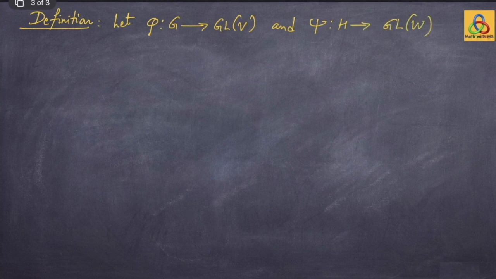Now let us define tensor product of representations. Let phi from G to GL(V) and psi from H to GL(W) be representations of groups G and H respectively.